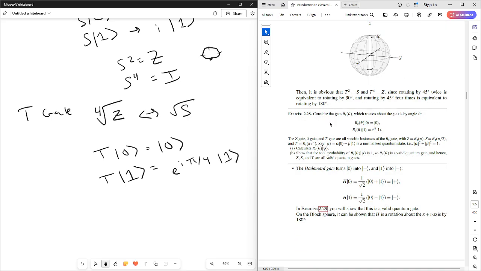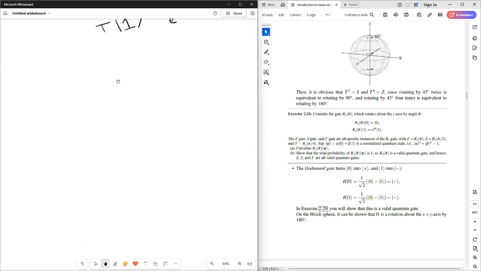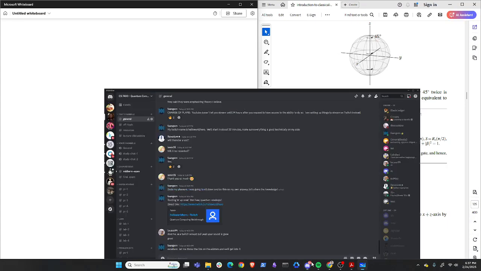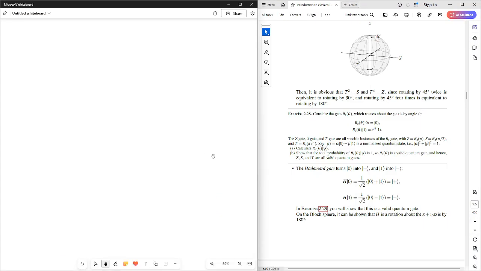Okay, so let's take a look at exercise 2.28 to pull these things together. So we have R sub z of theta, which rotates around the z-axis by an angle theta.